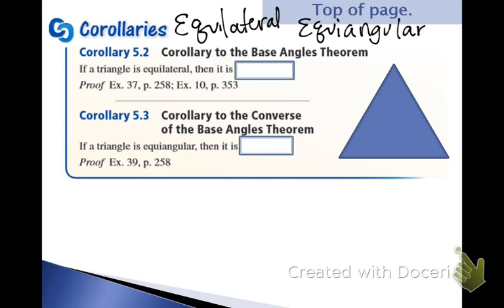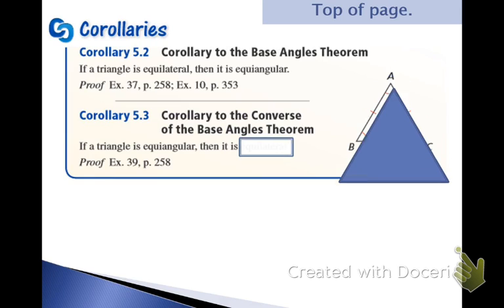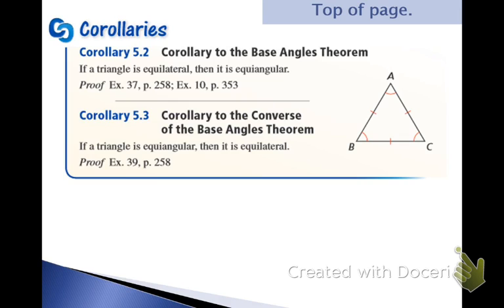If a triangle is equilateral, then it is also equiangular. Look at that. So you have an entire box that is blank for you guys. You can write it. If a triangle is equilateral, then it is equiangular. Which makes the vice versa true. If a triangle is equiangular, then it is equilateral.